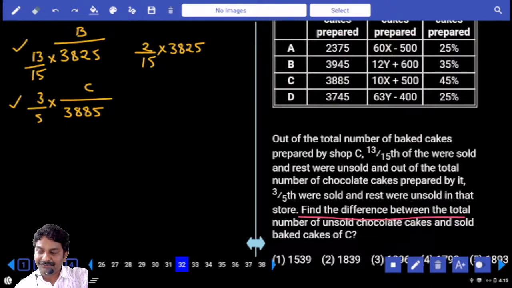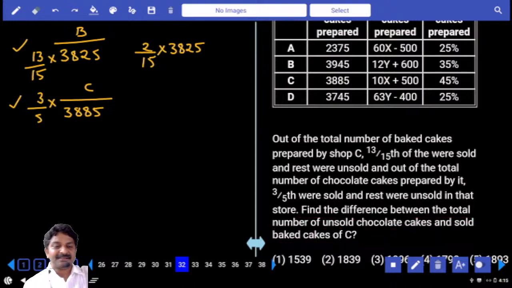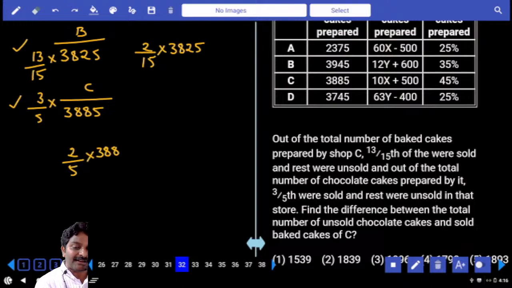Find the difference between the total number of unsold chocolate cakes and sold baked cakes. Unsold chocolate cakes means 2/5 of 3,885. Sold are 3/5, unsold are 2/5. Is this okay?